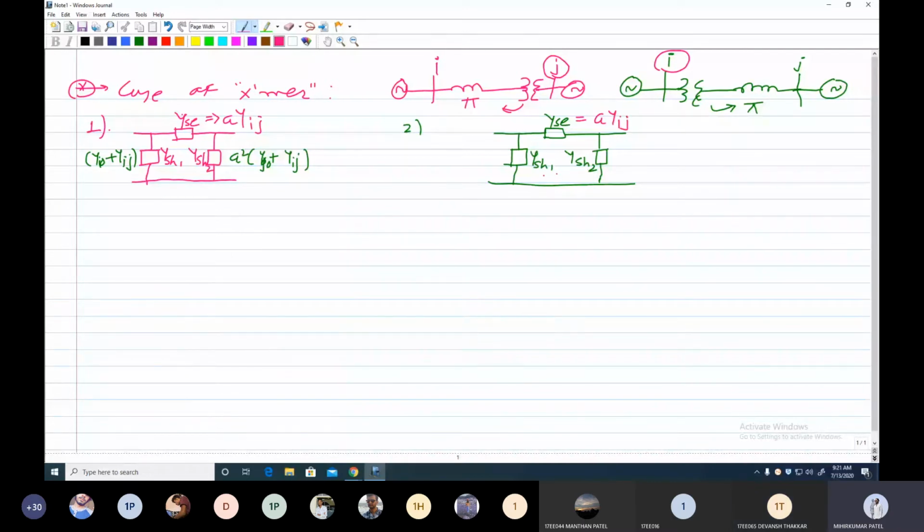Only shunt parameters are changed. What is the change in shunt parameter now? A square into Yi0 plus Yij becomes the shunt element 1. Then here it is Yj0 plus Yij.